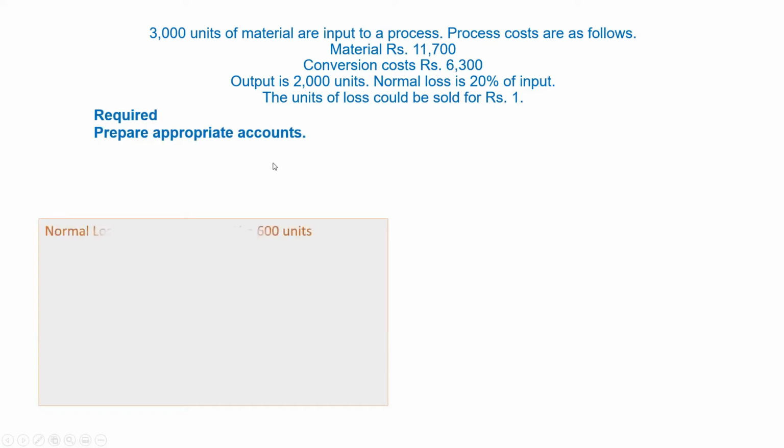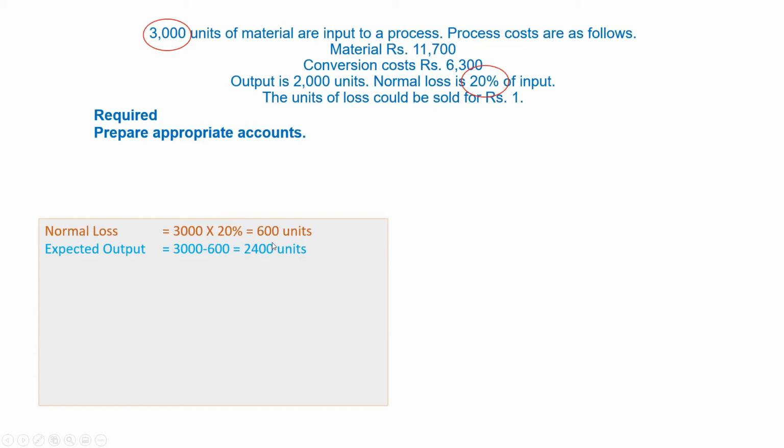Let's calculate the normal loss. Normal loss is 3,000 units times 20%, which is 600. Then our expected output: we were expecting 3,000 minus 600 normal loss, 2,400 units.